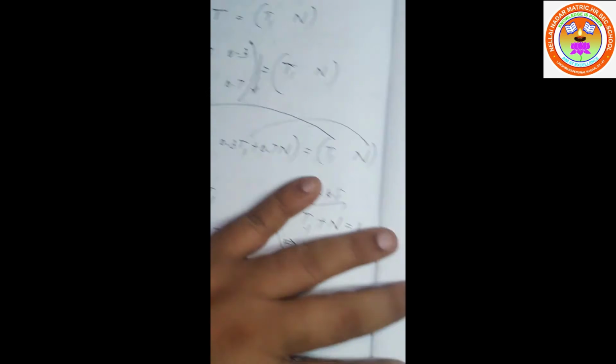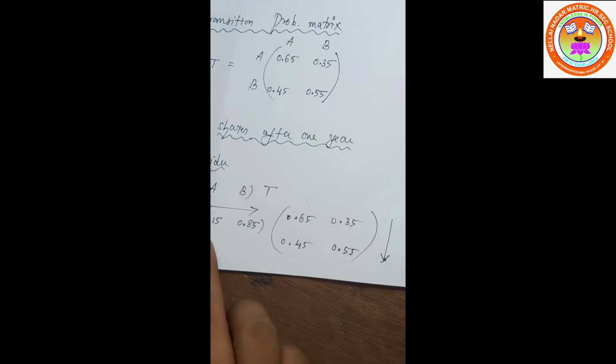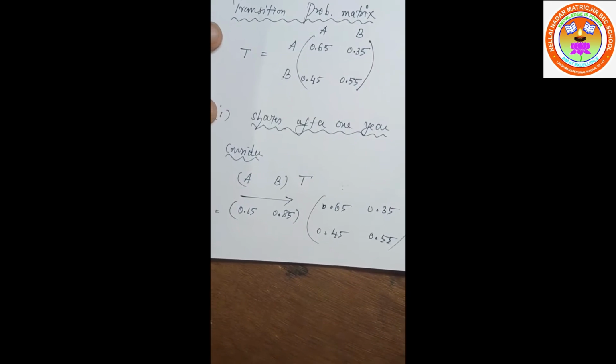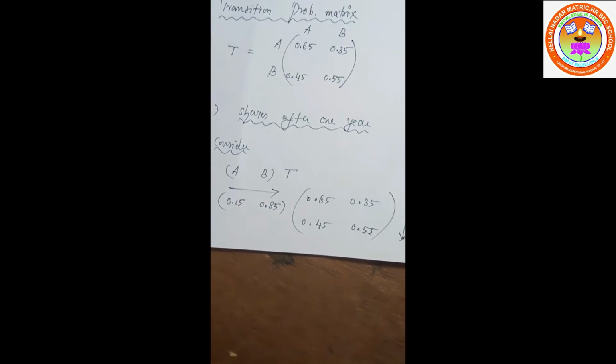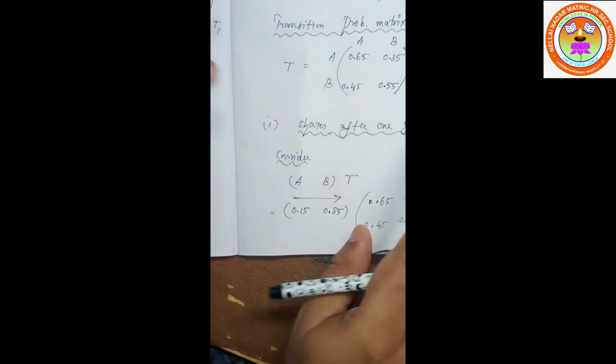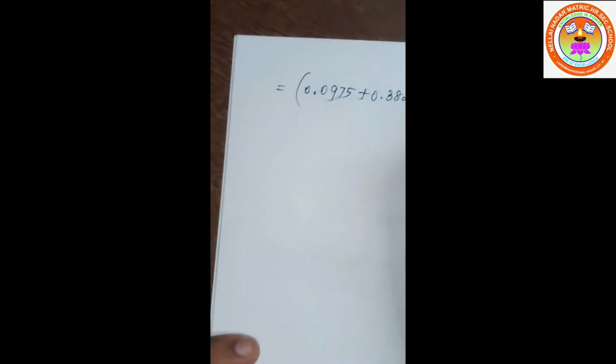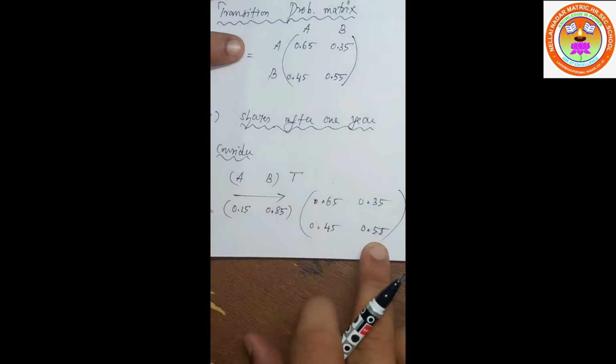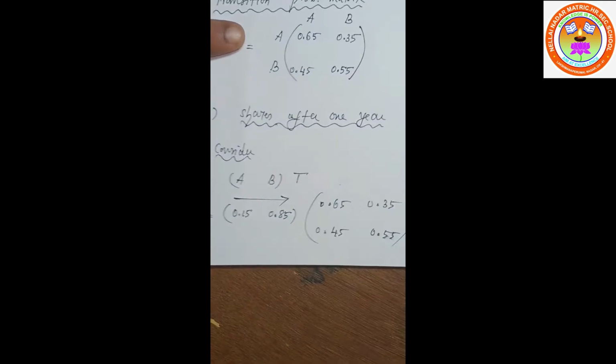First row, first column over. Now first row, second column, 0.15 into 0.35, that is equal to 0.0525, plus 0.85 into 0.55, that is equal to 0.4675.